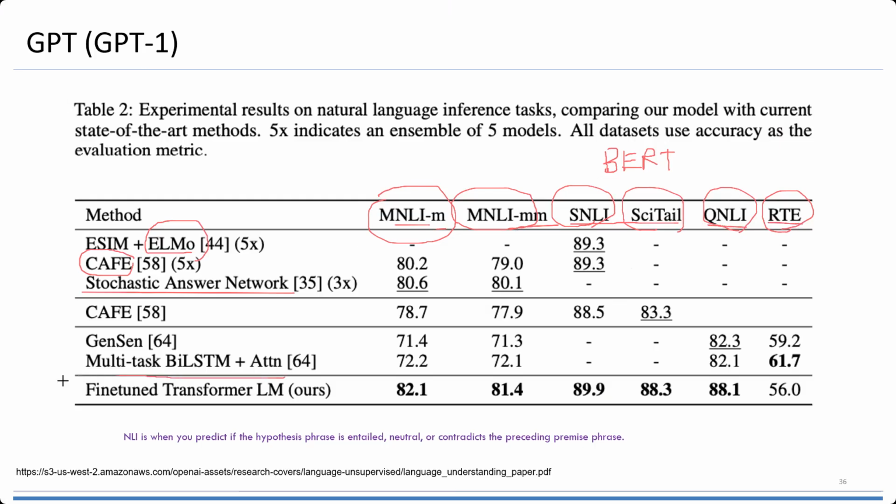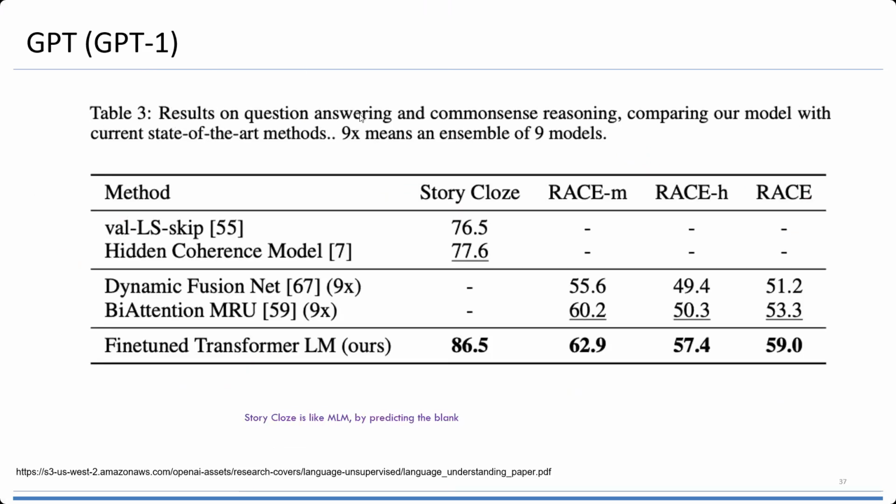With the fine-tuned transformer, using GPT-1, they achieve a better result on every dataset. But on RTE, they have a lower performance compared to the multitask BiLSTM with attention. That's why they keep improving GPT-1, GPT-2, and so on.